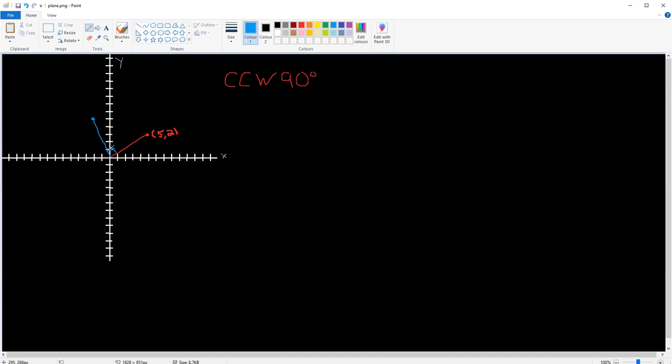And you would notice that the point would be, correction, the point would be (-2, 5) for a counterclockwise 90-degree rotation. So it's a counterclockwise 90-degree rotation.